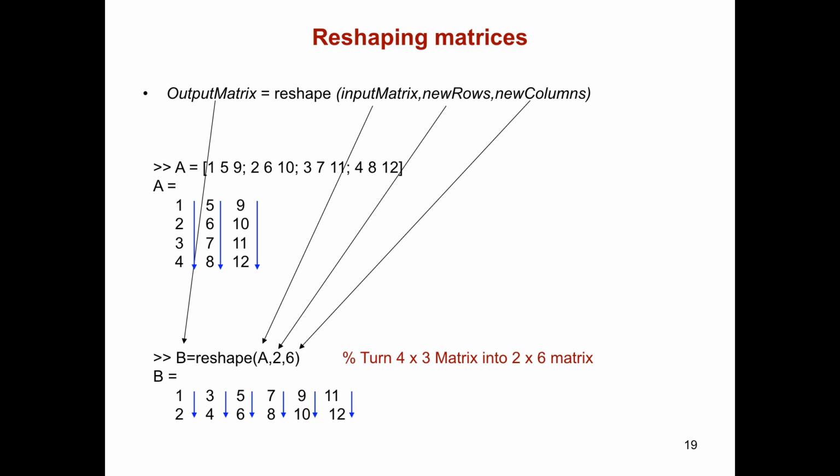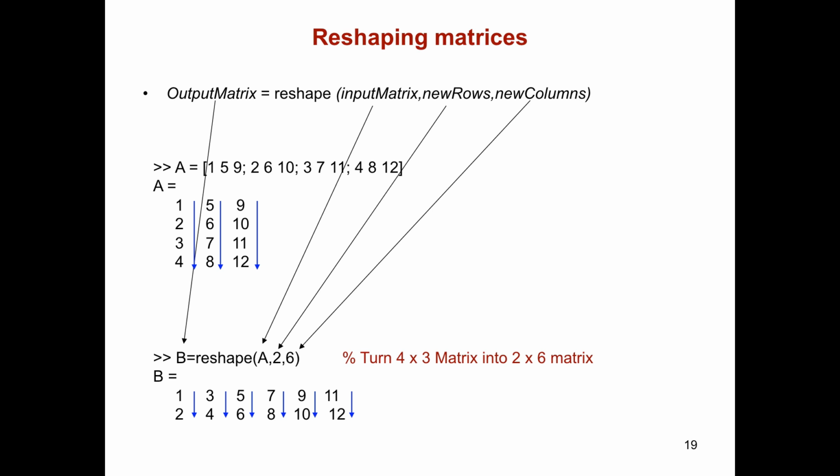There's actually a built-in function, reshape, that will reshape my matrix A into a different shape as long as I have enough elements to go by. Since I had 12 elements, 2 times 6 is 12, so I can do that. The way it does that, you tell it how many rows, how many columns.